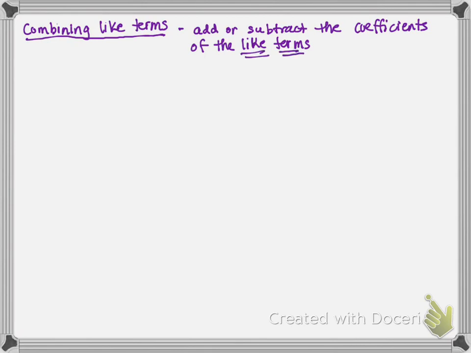Now, something we need to make sure that we understand, okay? Variables never change. So when I add two terms that have the same variable, the variable is not going to get squared or anything like that. It's going to stay the same in adding or subtracting.